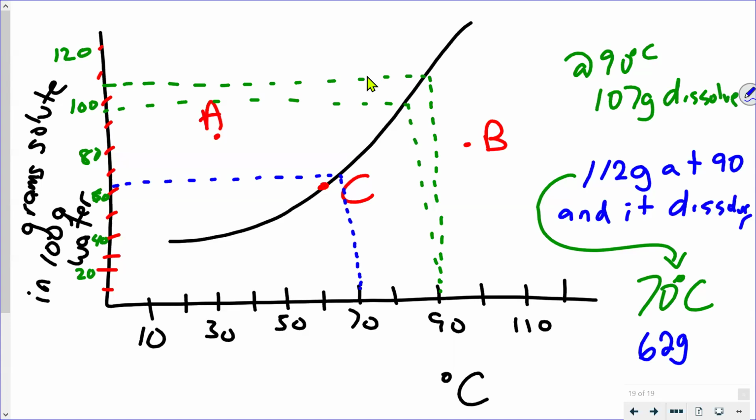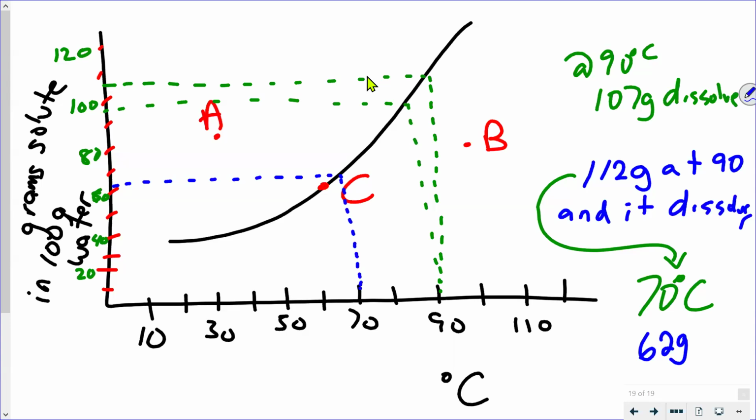So how do you figure out how much falls out? That's how much I had, and that's what could fit now. So we do 112, which is what we had, minus 62. And that's how much falls out of solution.